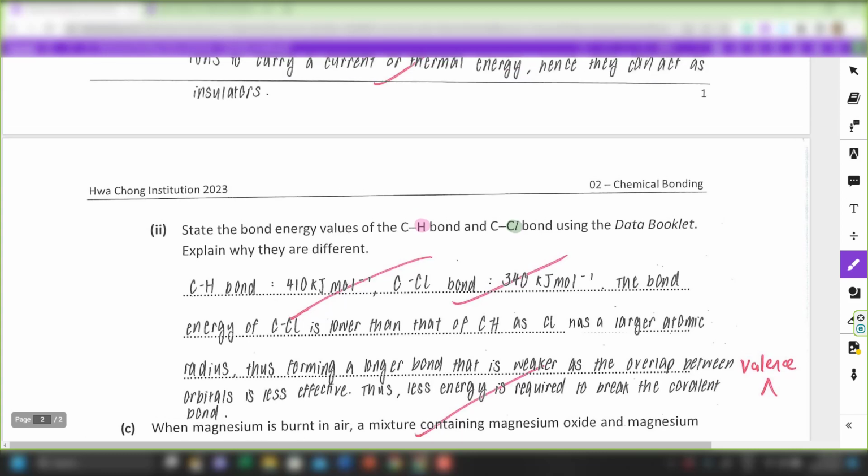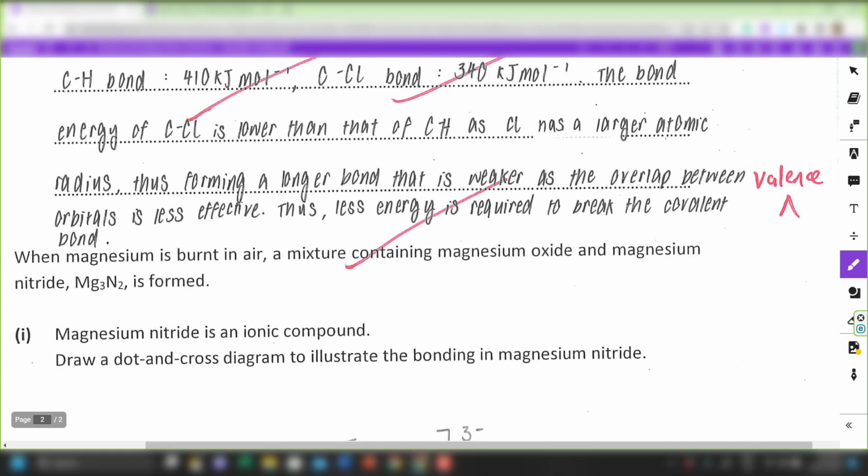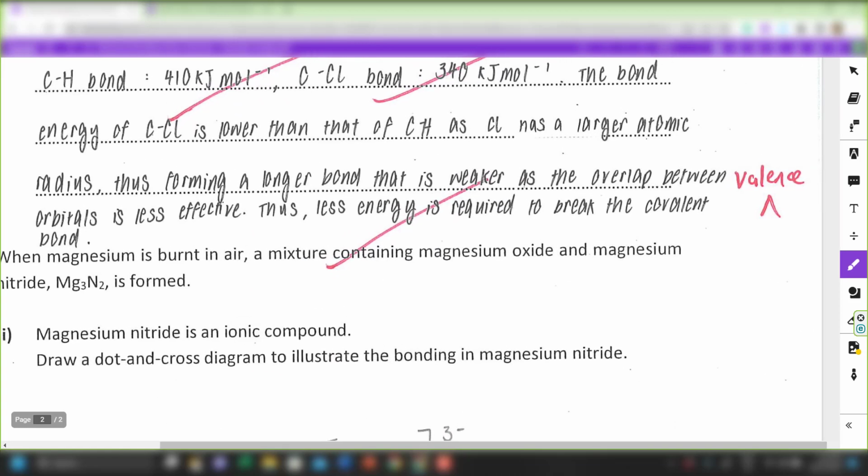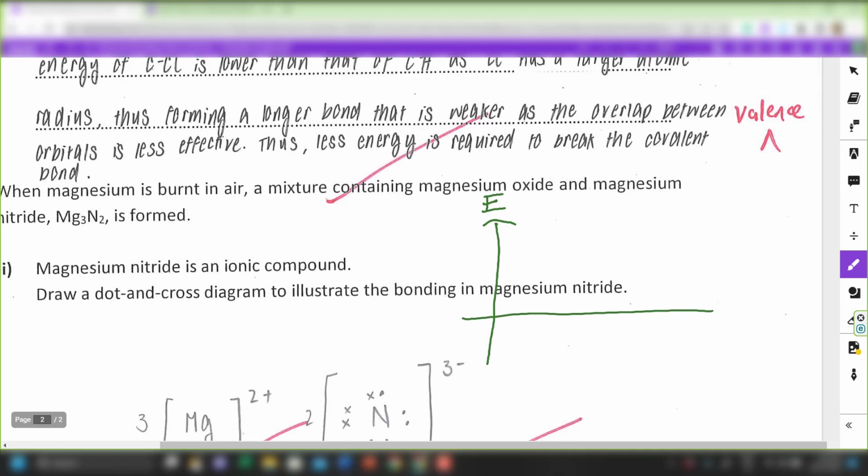Yeah, then I think in the tutorial I also went on to talk about the potential energy diagram. So I think I can just give a very simplistic view. So if I have energy, and then I have distance. So this is actually the distance between the nuclei of two atoms.